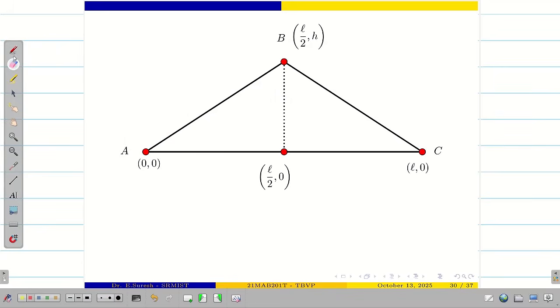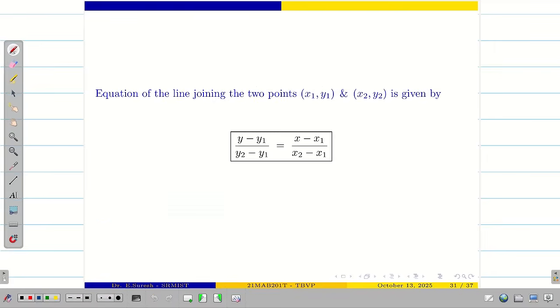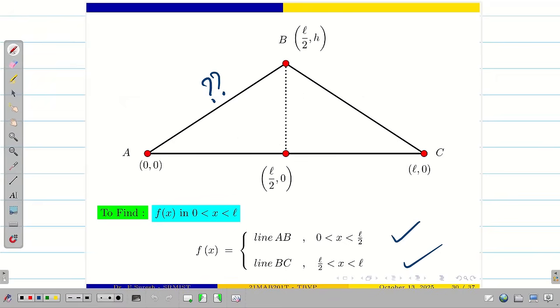From the figure, it is very clear the string is lifted at a height h from the midpoint. So now we have two lines, that is 0 to L by 2 and L by 2 to L. Now let us find them one by one. How to find the equation of this line? A very basic question. Everybody will remember if I show the formula, the 2-point formula. Now I am going to apply this formula to get the equation of AB and BC.